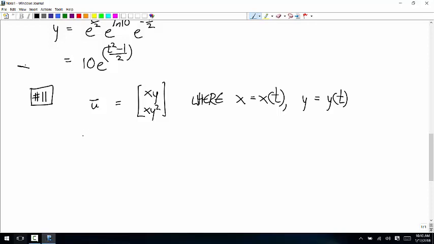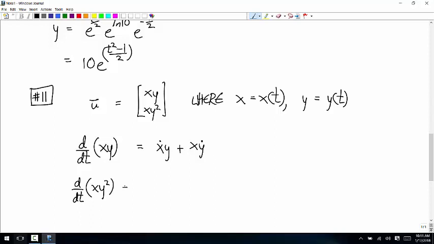So d/dt of the quantity xy, this one we have to use the product rule, x dot y plus x y dot. And d/dt of the quantity xy squared, we have to use the product rule, and we're going to have to use the chain rule on this one.